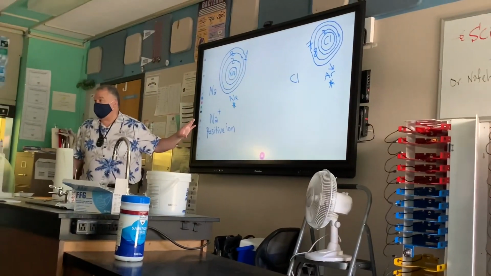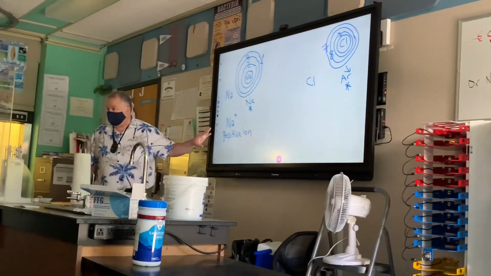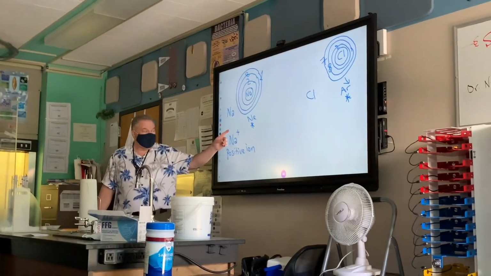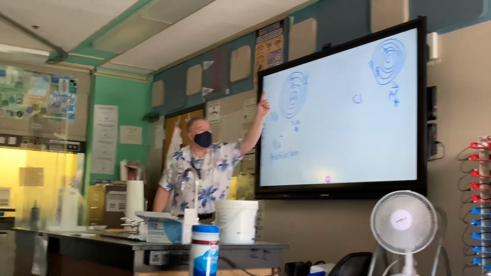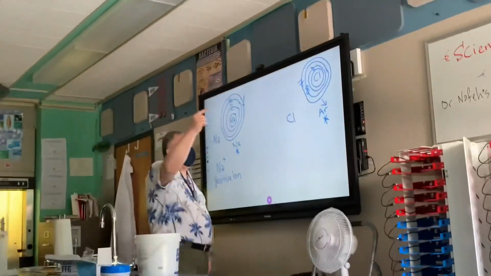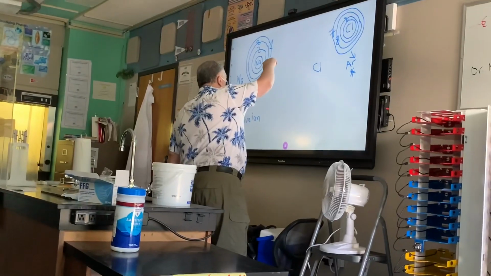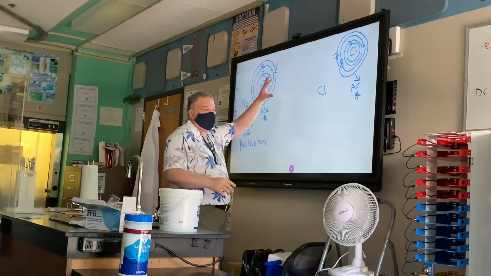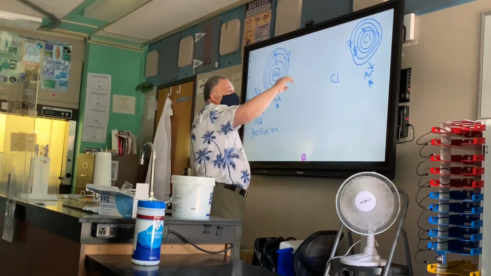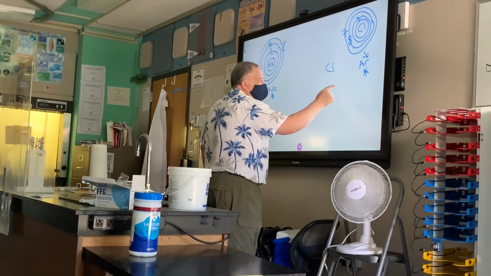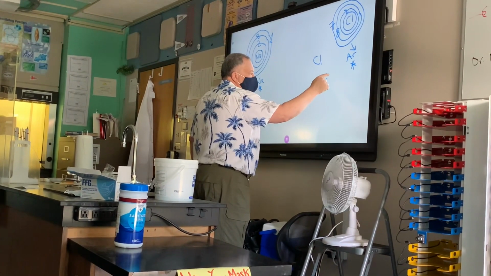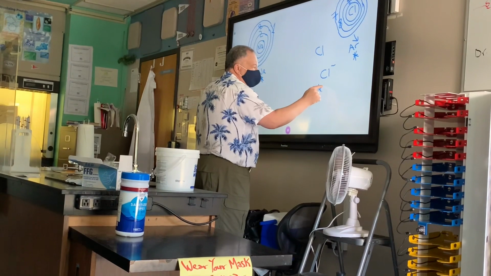Guess what? Pay attention to this. This positive ion has a positive charge because it lost 1 electron. All right? Look at this one. Watch this. This one needs an electron. So once it gets the electron, usually from the left side of the periodic table, it becomes a negative ion here.